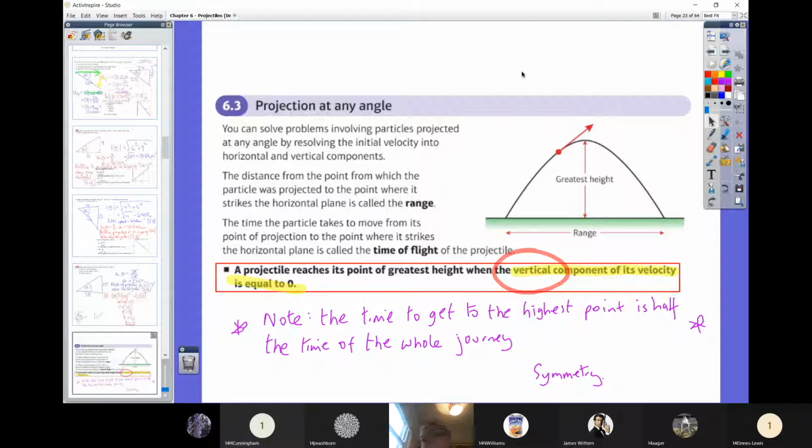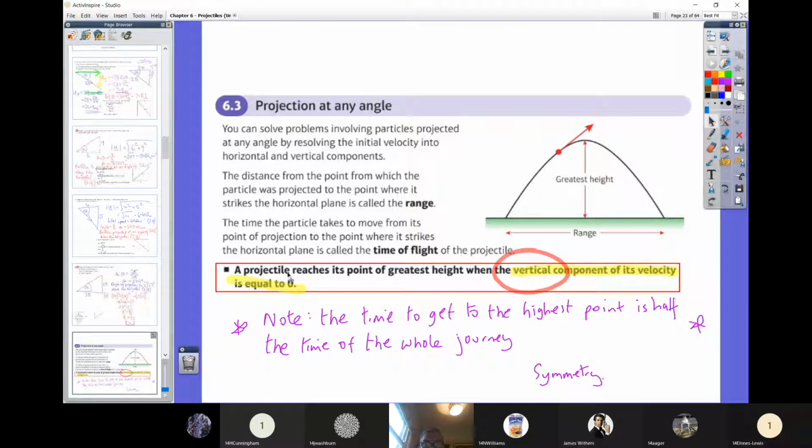I will then set the topic test as an assignment, and you just try and get that done over the next week or so. We'll move on. We won't wait until the assignment's done, but I'll just set it there. You upload it when you're done. So anyway, today and tomorrow we're going to be looking at this key bit where we're projecting at an angle.